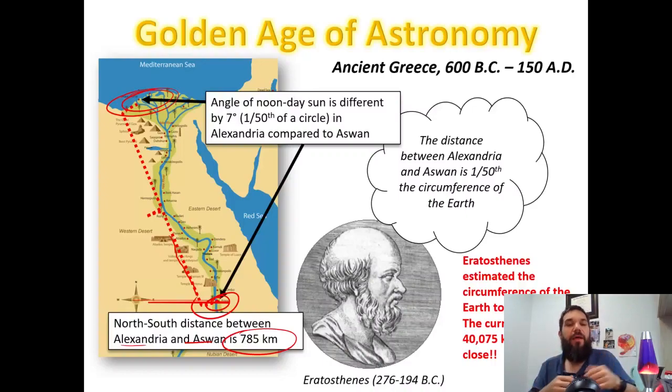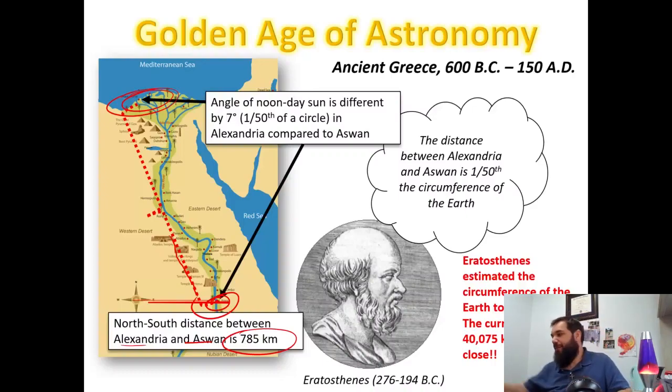Why 1/50th? Because 7 degrees, which is the difference he measured between the noonday sun angle in Aswan and Alexandria, is 1/50th of the size of a circle, right? There's 360 degrees in a circle. 7 degrees is about, or close to, 1/50th of the size.